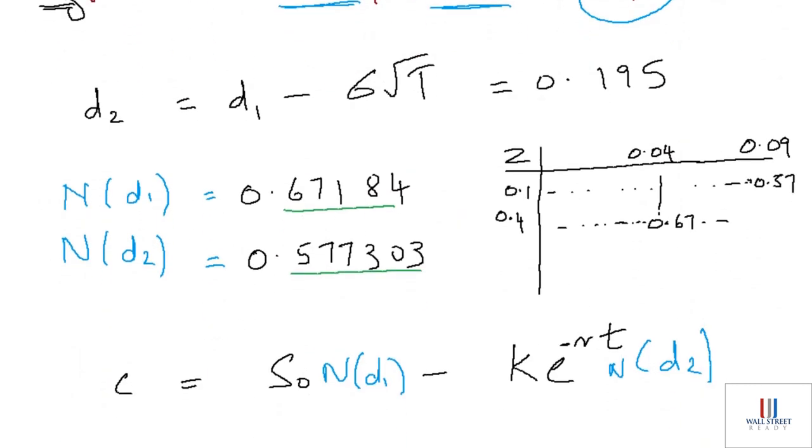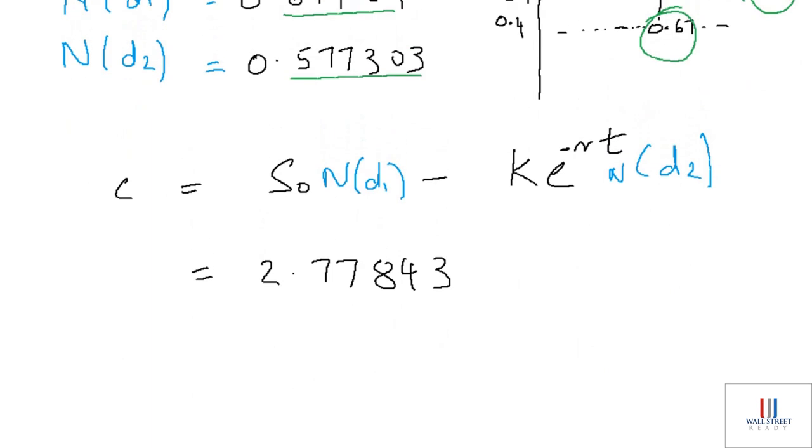And I also showed you, if you're using a cumulative distribution table, how you can find the N(D1), N(D2) simply by using this. So that's N(D1) and that's your N(D2), and then you plug those values into your call option formula, and that gives you the call option price.